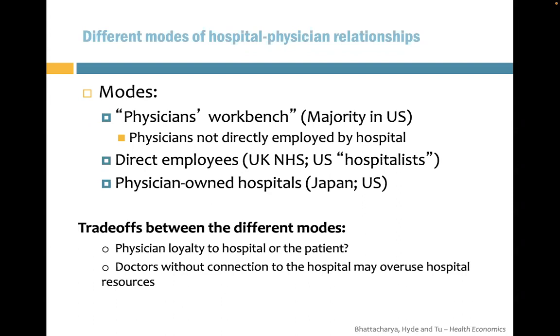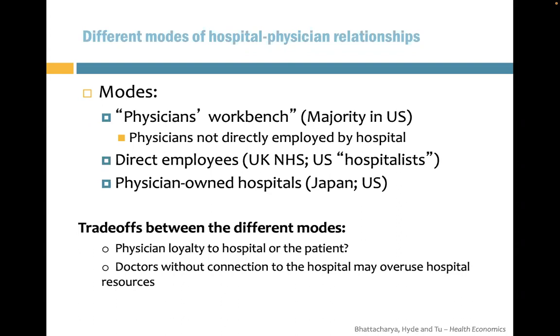So there are trade-offs between these different modes because these are agency problems. Remember when we talk about agency problems, as economists, we are talking that different people maximize their own utility function. And their utility function might not align with each other, which means that there might be different incentives.